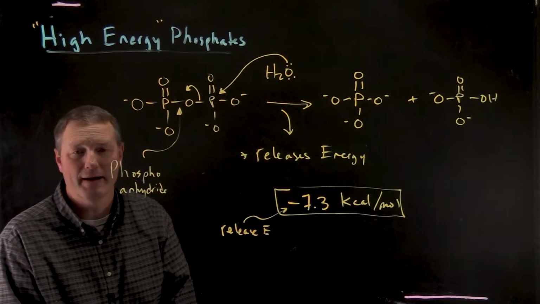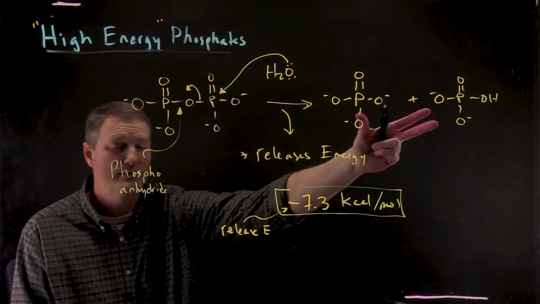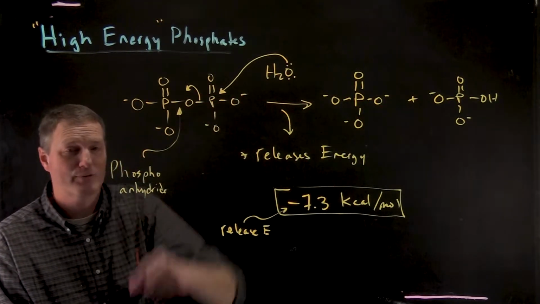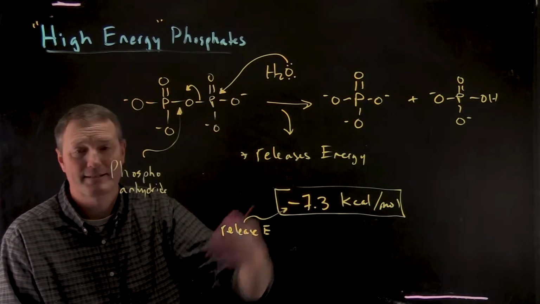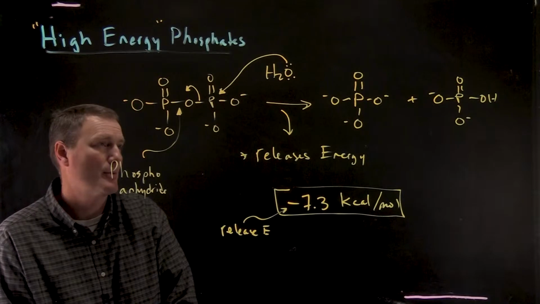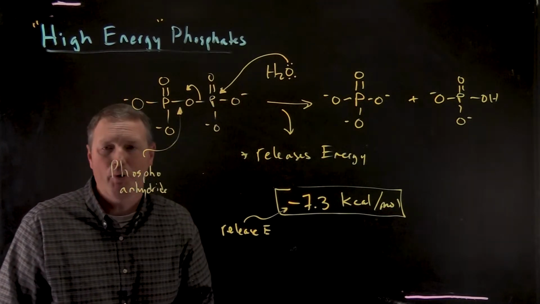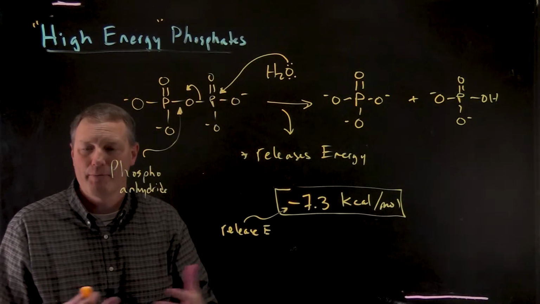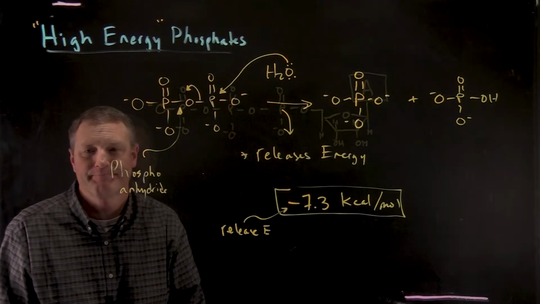If I had a plus sign there, so in other words, if I was to go in the backwards direction, take these two phosphates, stick them together to make the phosphoanhydride bond, it would require that same amount of energy, a plus 7.3 kilocalories per mole. So these high energy phosphates are important in a very important molecule called ATP. So we're going to show the structure of that one next.